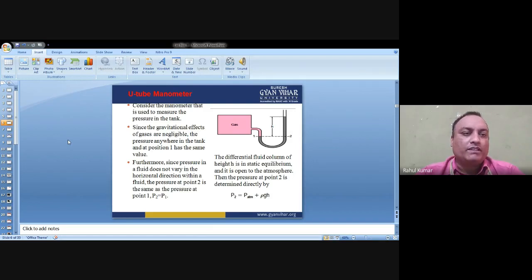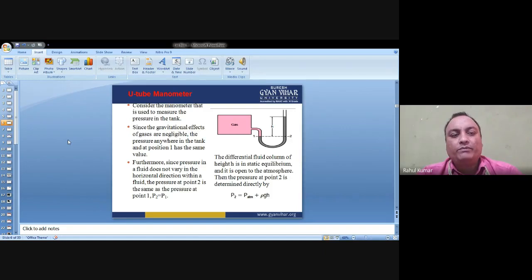Furthermore, since pressure in a fluid does not vary in the horizontal direction, the pressure at point 2 is the same as the pressure at point 1. Then P2 equals P1.